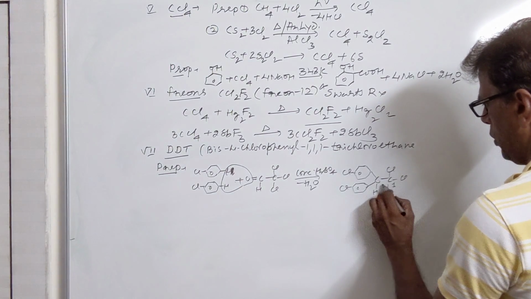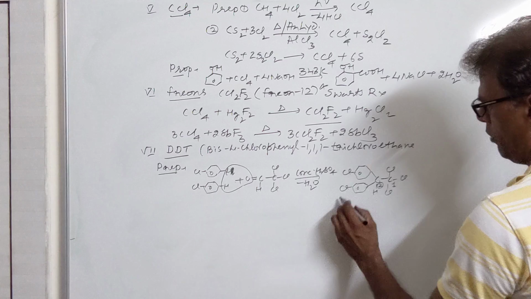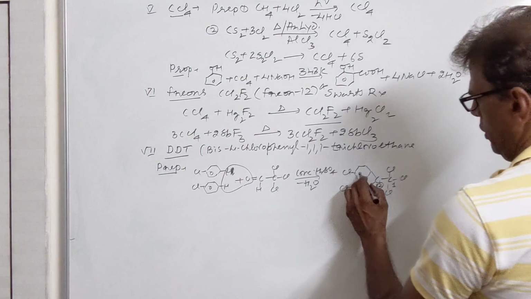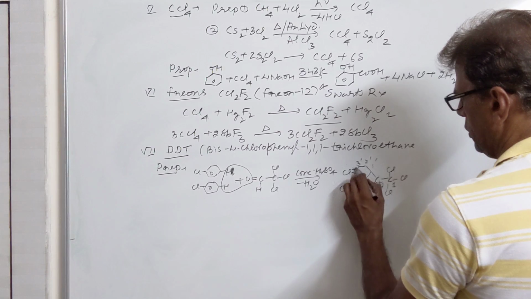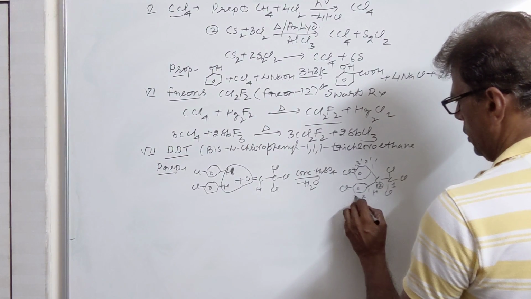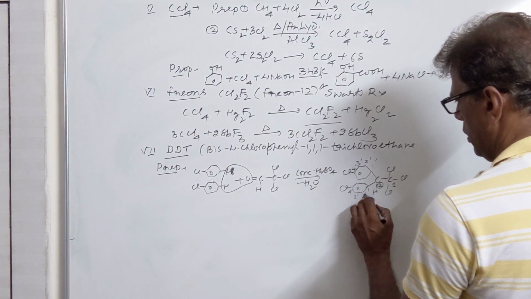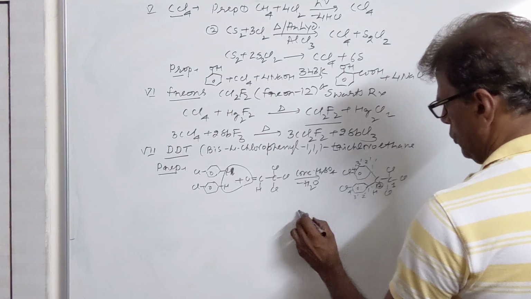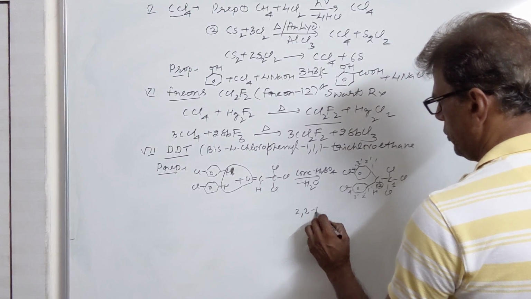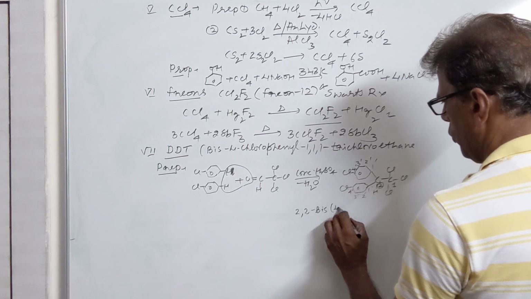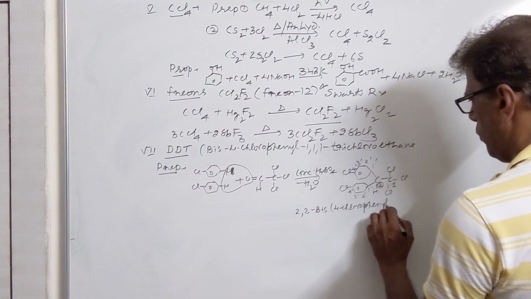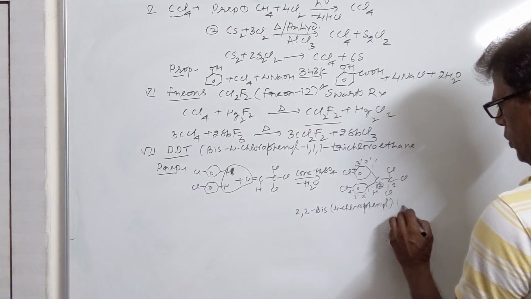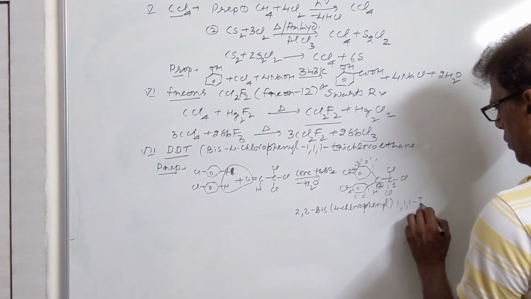This is carbon number 1, this is carbon number 2, and on carbon 2 you have 2 groups. Then this is 1 dash, 2 dash, 3 dash, 4 dash, and 1 dash, 2 dash, 3 dash, 4 dash. So we have 2 of these 4-chlorophenyl groups on 1,1,1-trichloroethane.